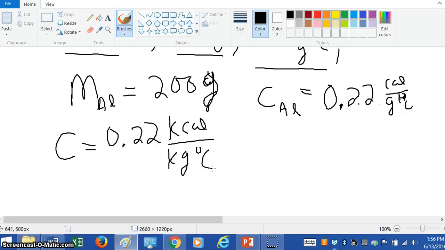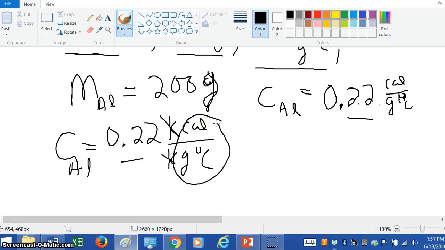And your book writes it this way several times, and I just want to point out numerically, this is the specific heat for solid aluminum. This number and this number are identical, and the reason for that is the K's just cancel. Okay, so the normal way that we will use it is calories per gram degree Celsius.